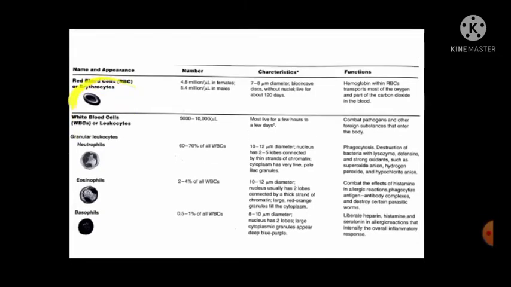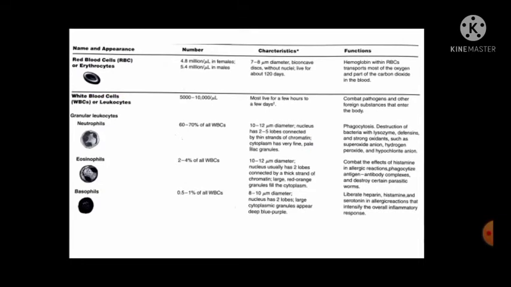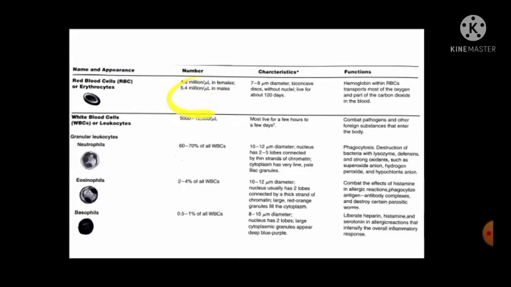Leukocytes are also called white blood cells. These cells are related to our immunology, and if any disease occurs, there is a large fluctuation in WBCs. The overall WBC count is 5,000 to 10,000 per microliter.